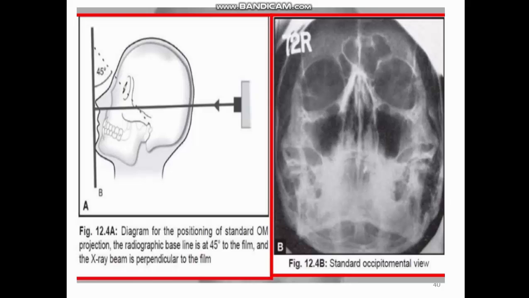In this picture, you can see investigation of the maxillary antra and detecting the different fractures. This is the standard occipitomental view. This method is used for diagnosis of different fractures, such as Le Fort fractures, nasoethmoidal complex, orbital blowout, and coronoid process fractures.